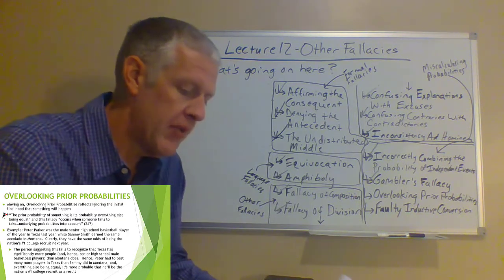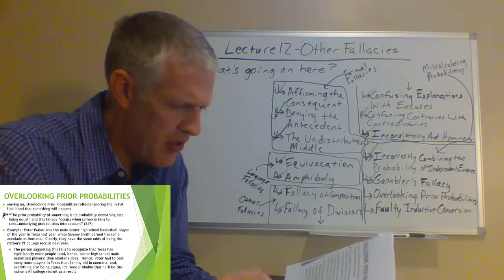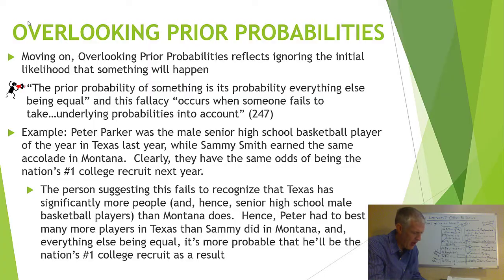And so if someone were to conclude, as I mentioned at the bottom of the last statement, that clearly they have the same odds of being the nation's #1 college recruit next year, that's not going to be the case.